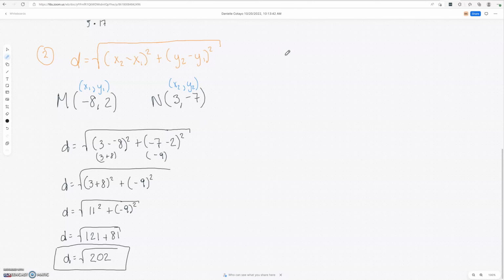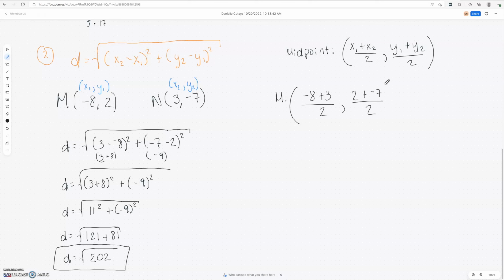Okay, and then your midpoint, right? Remember we're taking the average of each of your x values and your y values. So x1 plus x2 over 2 and y1 plus y2 over 2. Okay, so your midpoint is x1, negative 8, plus 3 over 2, and y1, 2, plus a negative 7 over 2.